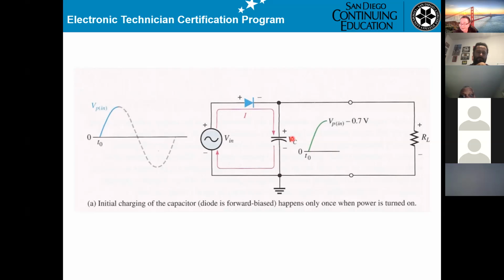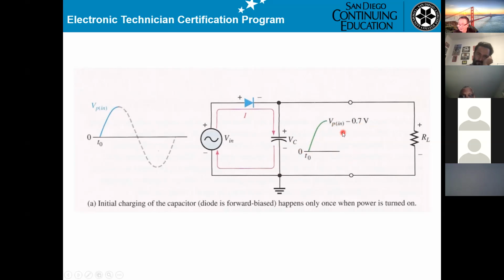And now here, they are telling you the capacitor voltage at the beginning is zero. When current flows, it will be charging. It keeps going up until the point it no longer goes up.